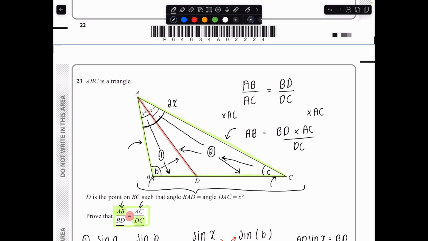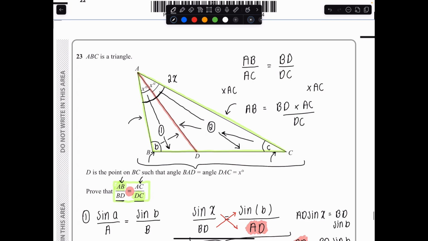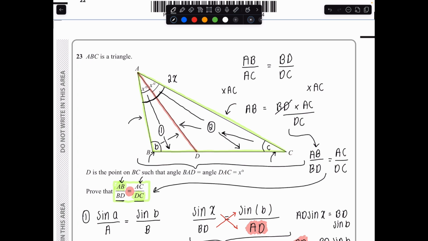But then from here, we can divide both sides by BD now. So if we divide both sides by BD, what are we left with? We're left with AB over BD, and that's equal to. Now, if we divide by BD, this goes. So then we're left with AC over DC. And that's exactly what the question wanted us to prove. Hence, we've answered question 23.